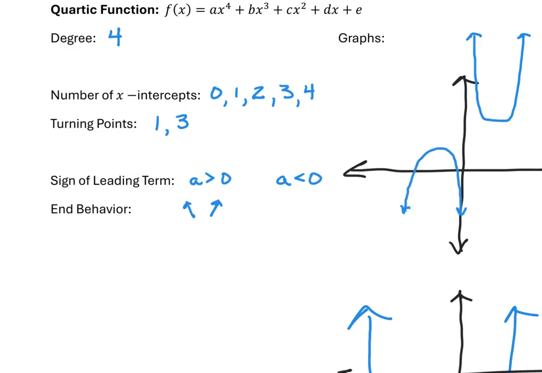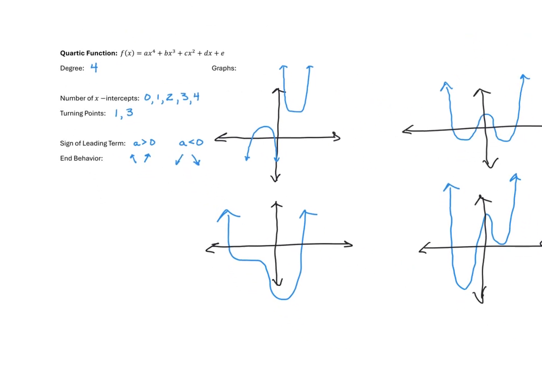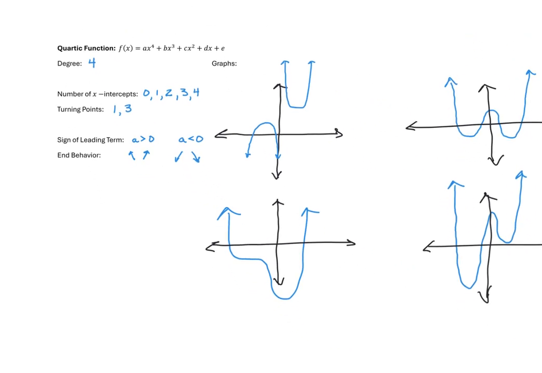And same thing for all the other ones. And if it opens down, then, well, we have this. All right, so those are all of my examples of different possibilities for a quartic.